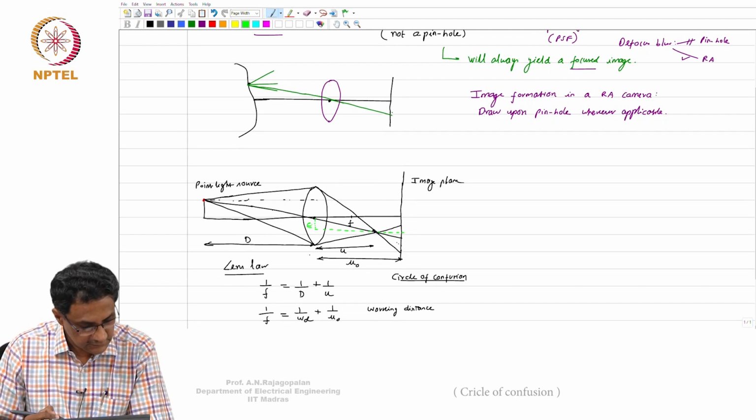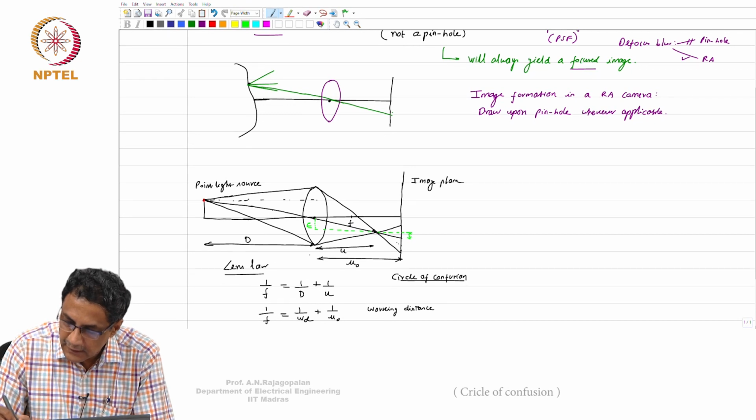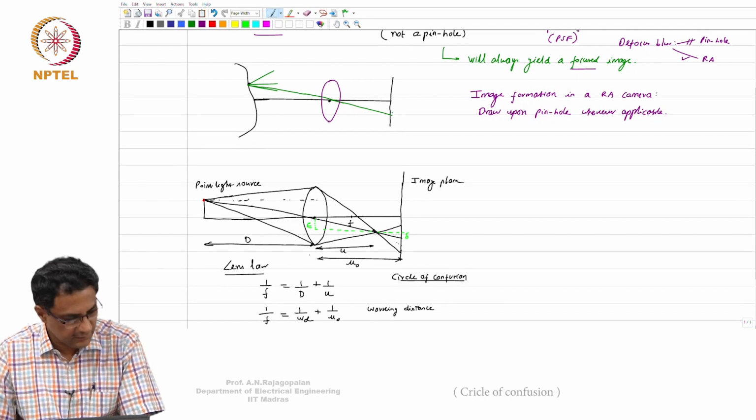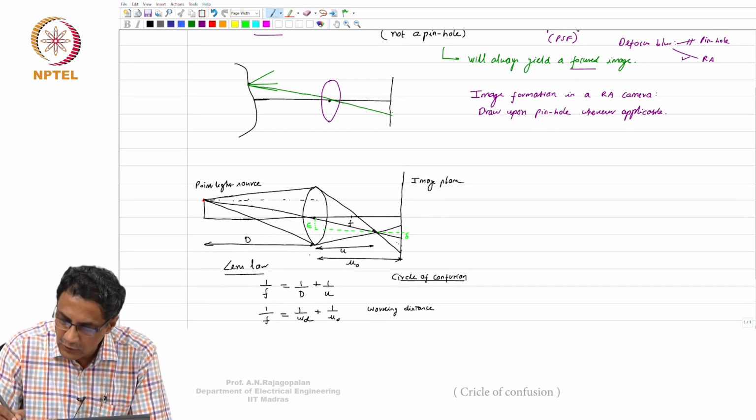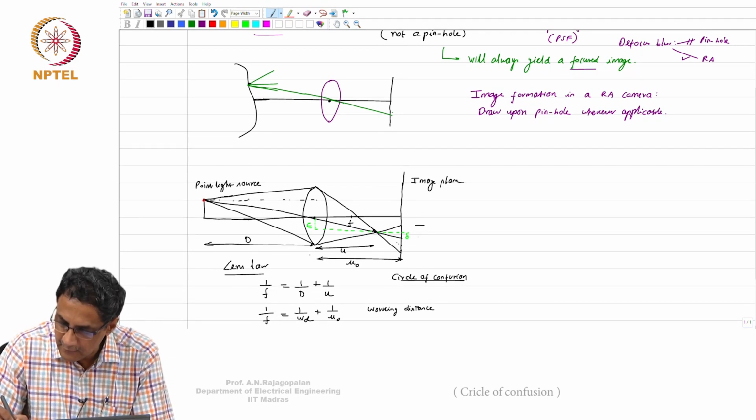And we are going to call this delta. If I write this, you will know that I am referring to this as delta. And I am going to call from here to here... this is the central ray.